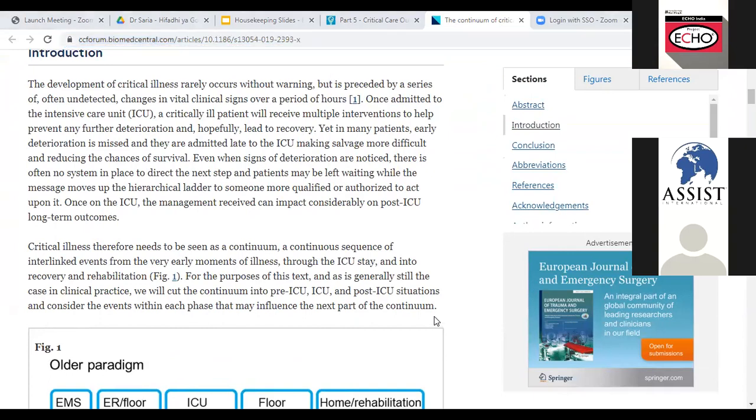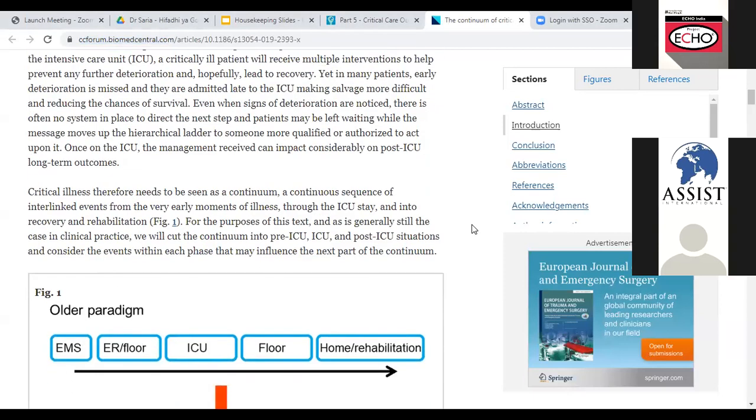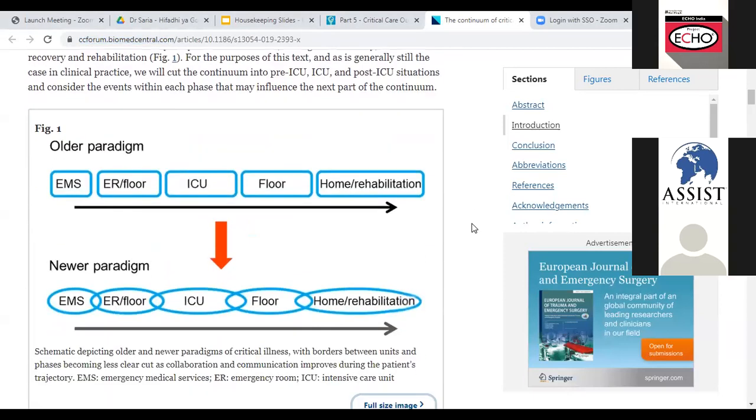And as we said, critical care can be given anywhere. Previously, it was noted that there was a gap. As there were ICU, emergency medicine department, wards or floor, home or rehabilitation, there was a gap between those sections. But nowadays, we want these sections to be integrated together.